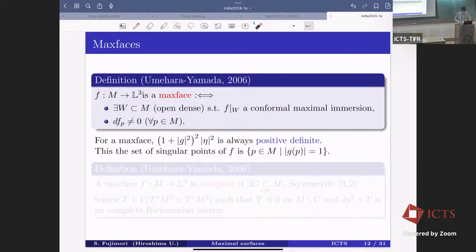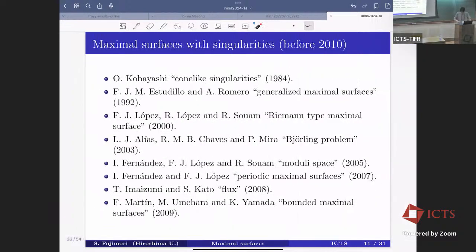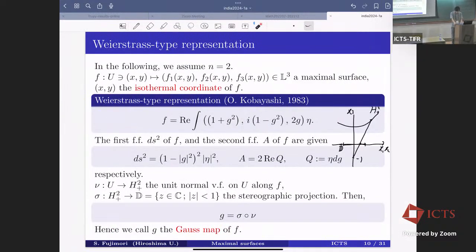And you see, for the maxface, if we remove this, then it takes values in C3. If we take a projection, the real part of here and the real part of here and the imaginary part of here, then we have a minimal surface.